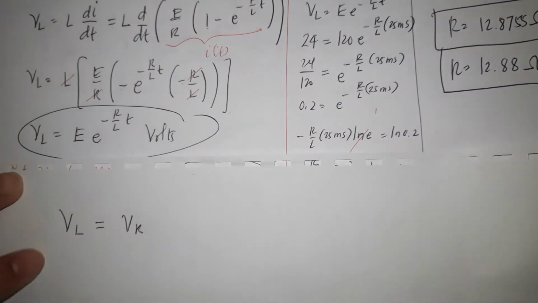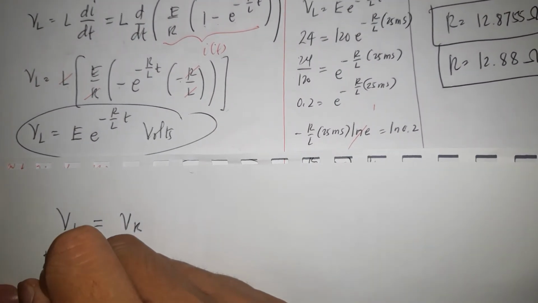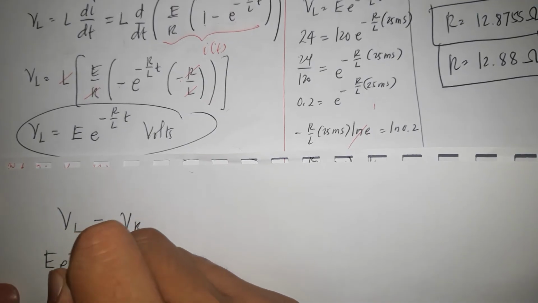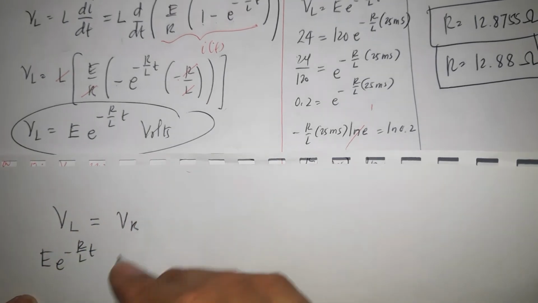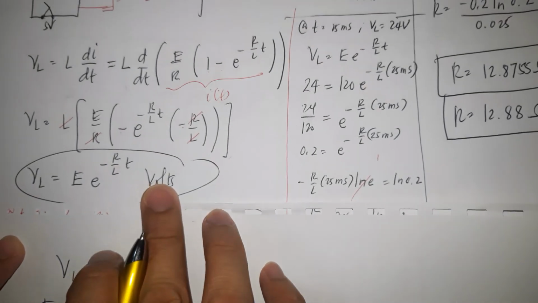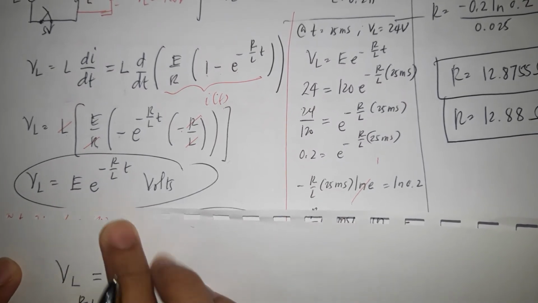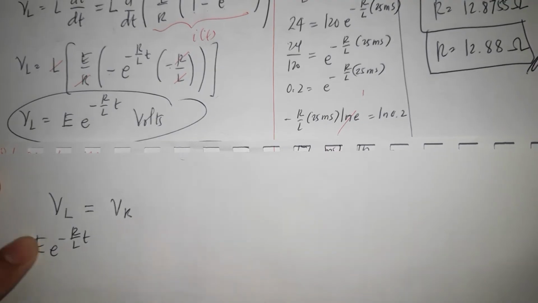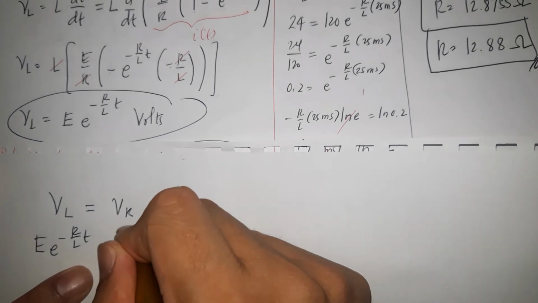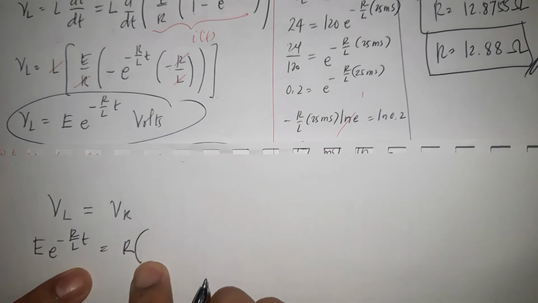As per what we solved, VL is E times e to the negative R over LT. VR is equal to R multiplied by I.